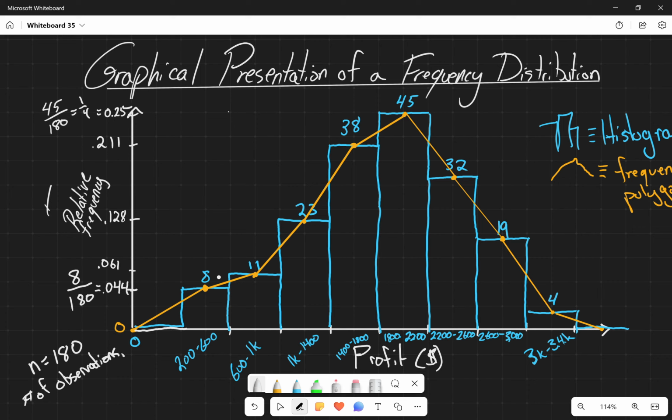And then we're going to have some corresponding amounts here too, with the 32 corresponding to 0.178, 17.8% within this category. Wait, is that 17.8? Hold on, sorry, I got messed up. 23. Oh, that is 12.8.